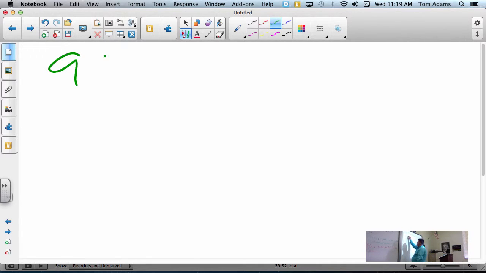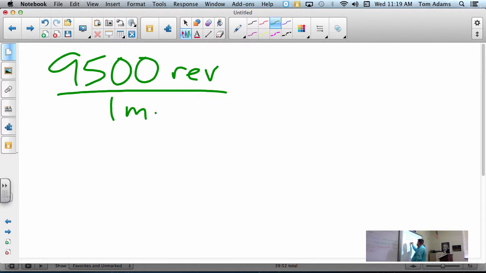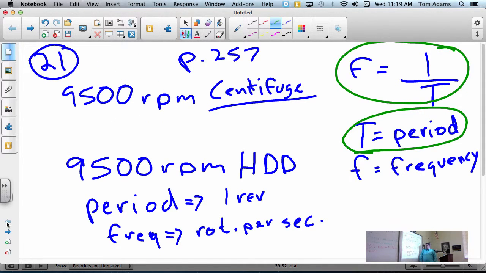So I have 9,500 revolutions per 1 minute. Now when I go back and look at this, they're asking for the period, which is how long it takes to do 1 revolution. And the frequency is how many rotations per second, or revolutions, right?